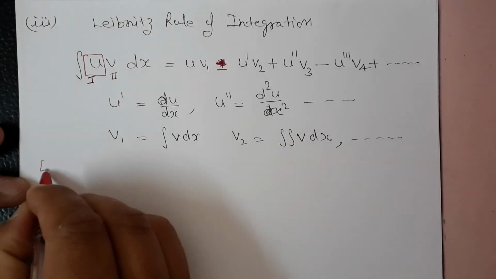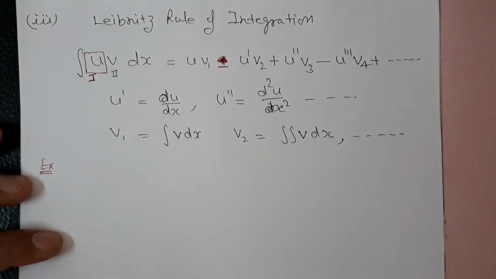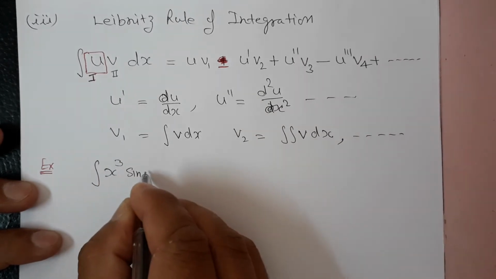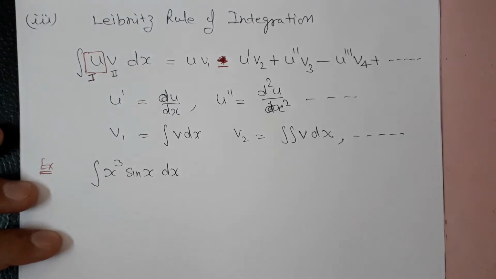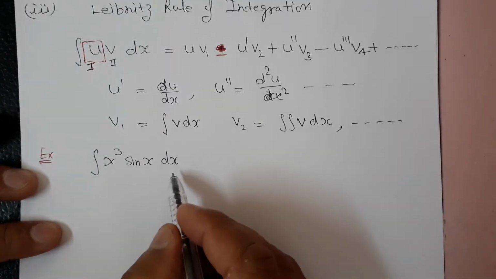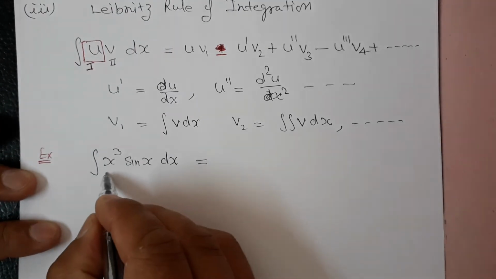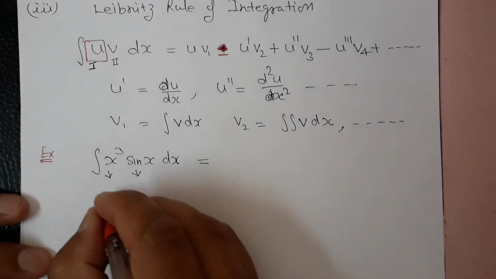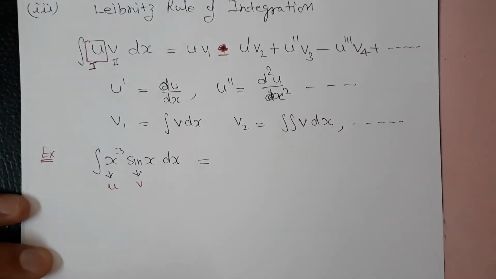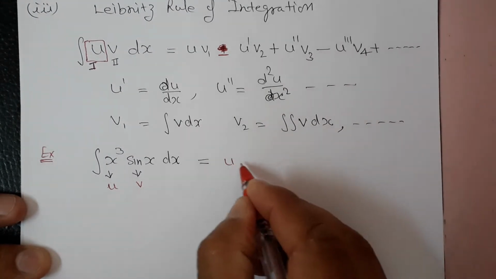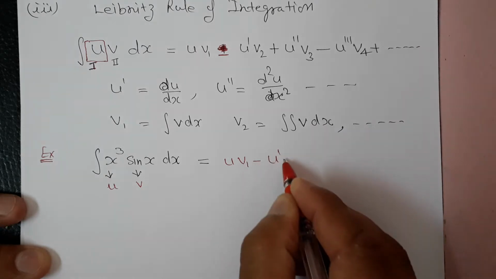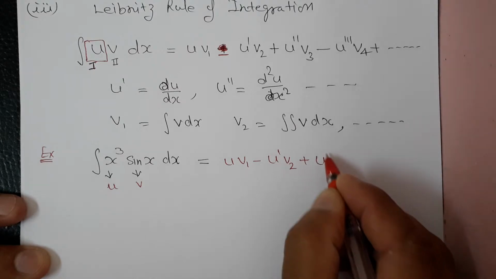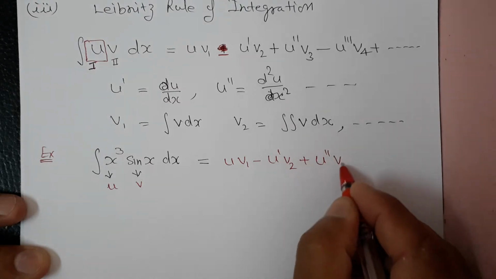For example, let's take an example. Integrate x cube sine of x dx. We do face these types of integrals in Fourier series. Here we'll choose this as u function and this as v function, and we use the formula u v1 minus u dash v2 plus u double dash v3.